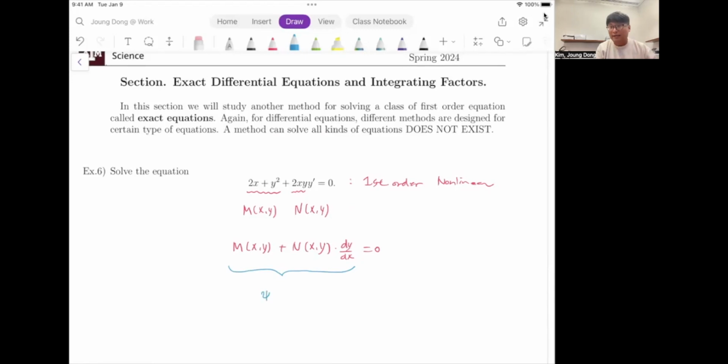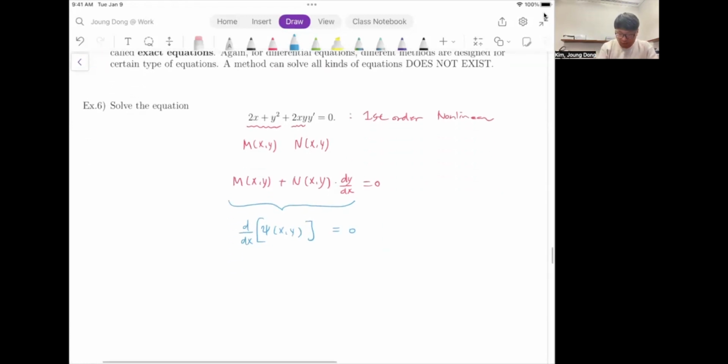This character name is psi, and I said its partial derivative with respect to x is equal to 0, right? This is my assumption, if it is possible, okay? And then since it is the partial derivative of your function psi, we can just take the integral with respect to x on both sides. Then your final solution will be psi(x, y), and the right-hand side is 0.